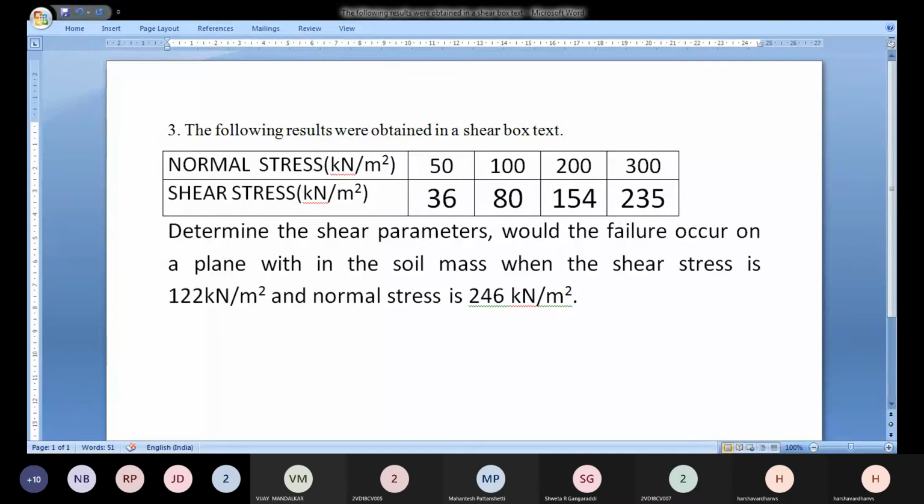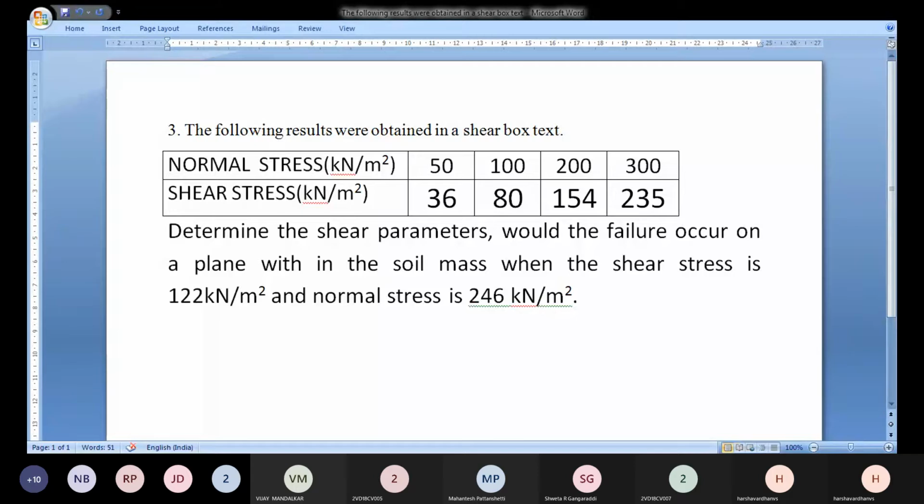The results of a shear box test are as follows. Normal stress: first trial 50, second trial 100, third trial 200, fourth trial 300 kilonewton per meter square. Shear stress at which the soil sample has failed: first trial 36, second 80, third 150, and fourth 235 kilonewton per meter square.